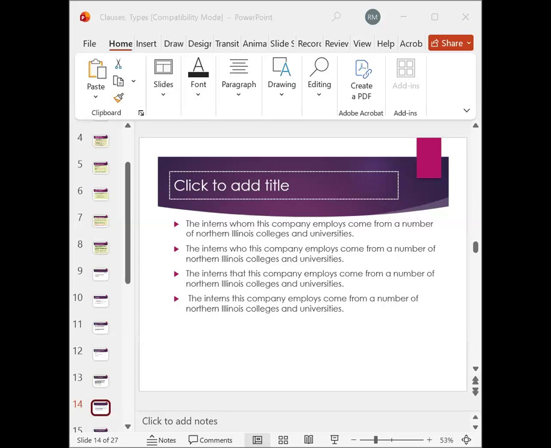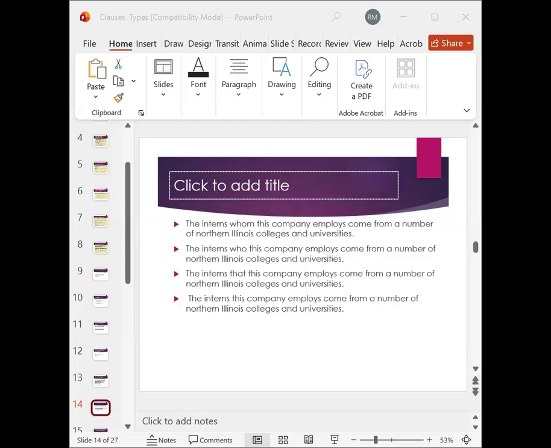Now, remember, interns refer to a group of people that is quite indefinite. So it is possible again to replace who with that, and the sentence will still be meaningful. The interns that this company employs come from a number of Northern Illinois colleges and universities, and that sentence is also correct. Now, let's look at the last one.